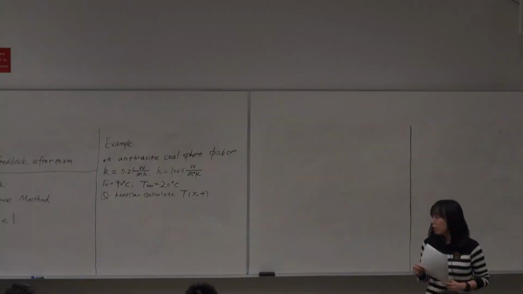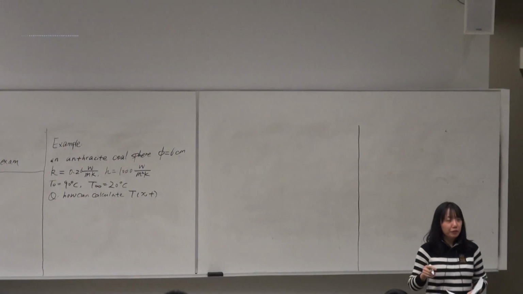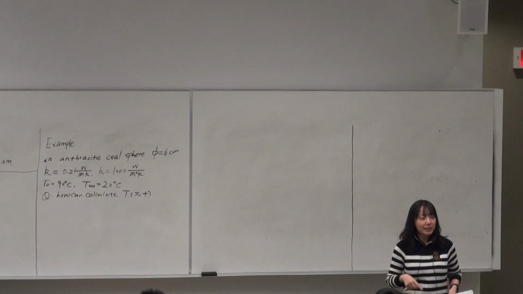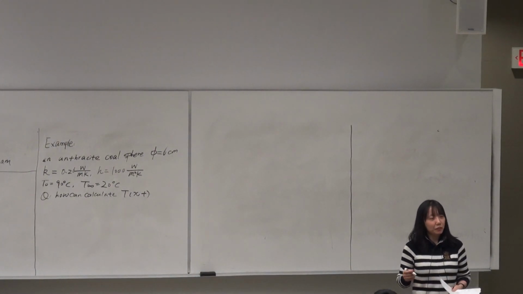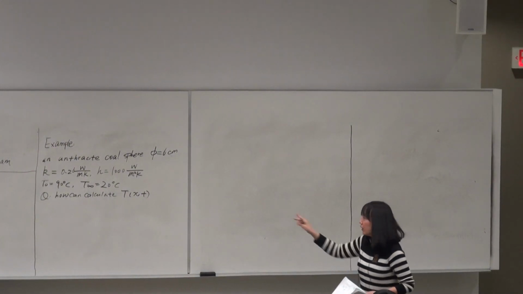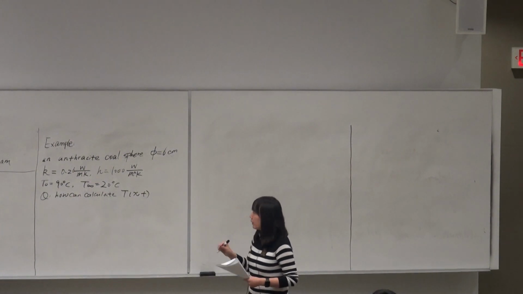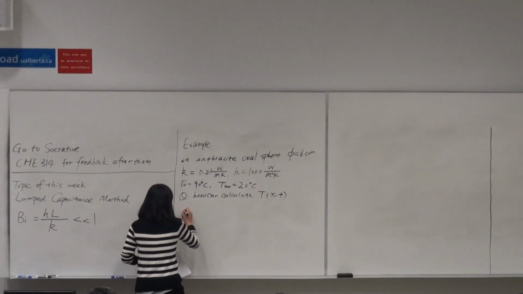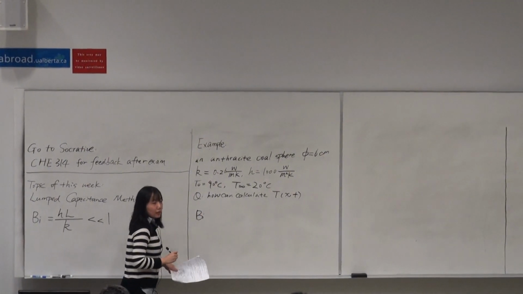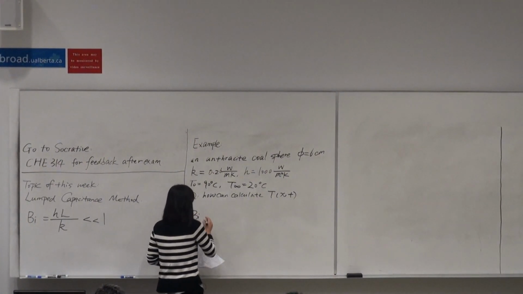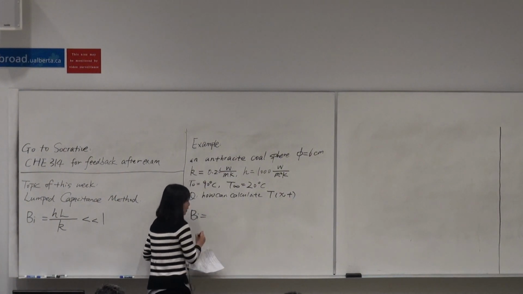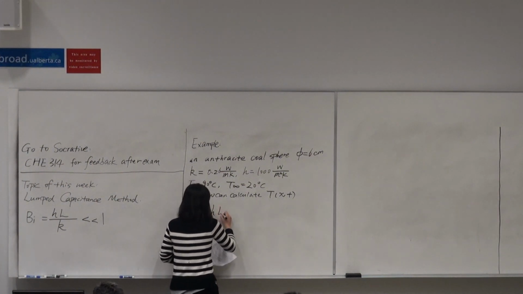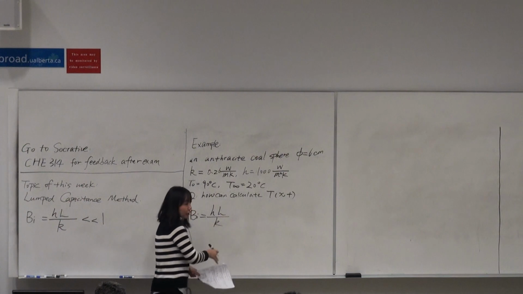Because the temperature distribution now depends on time, it's a transient problem. If we want to take the easy way out, we consider everything has the same temperature distribution. But to apply the lumped composite method, let's check whether or not we can use it with reasonable accuracy. The Biot number is calculated as hL over k.